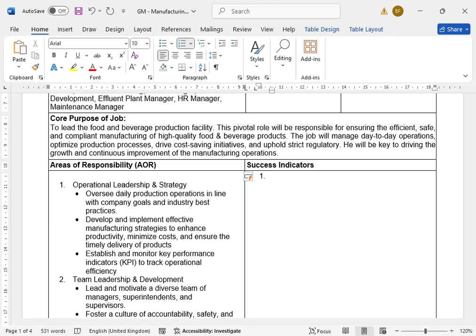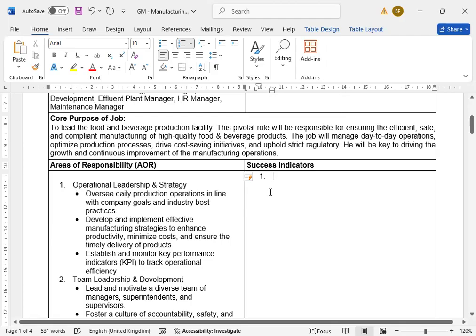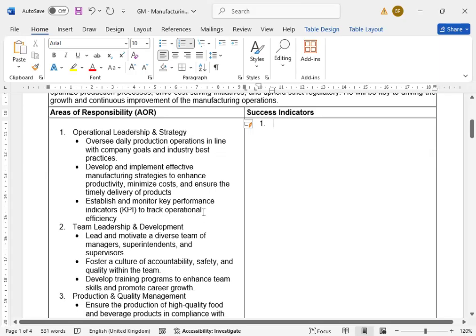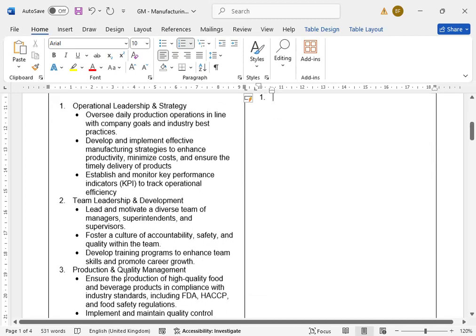Number one is operational leadership and strategy. What I'm going to do is put a corresponding success indicators for each number, like success indicators for operational leadership and strategy, success indicators for team leadership and development, and so on.